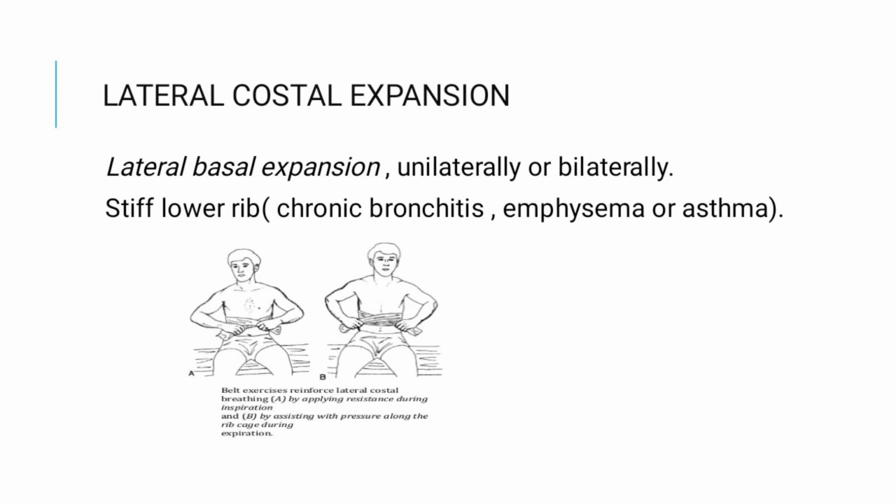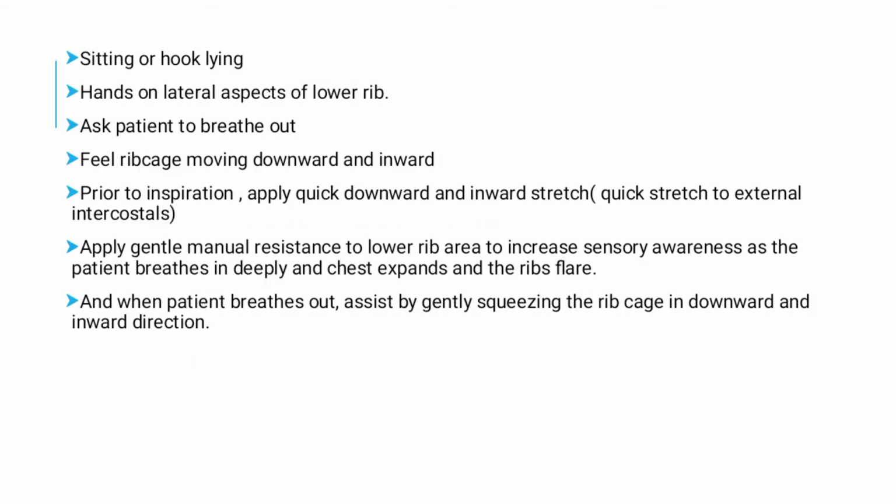So lateral costal expansion means that we are usually expanding the lateral basal segment where we can apply either unilaterally or bilaterally, and you can shift the lower rib. So usually we apply this in cases of chronic bronchitis, emphysema or asthma. So these are some diseases where you can apply lateral costal expansion.